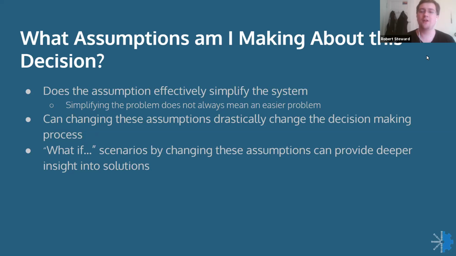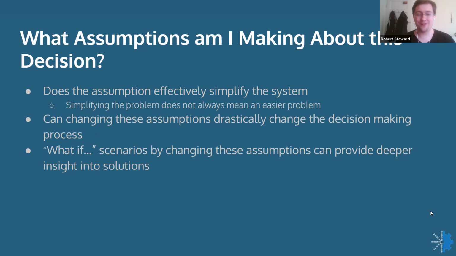The next one that we want to talk about is, what sort of assumptions are you making about this decision? Assumptions are great at being able to simplify problems, especially really complex problems. But you really need to make sure that the assumptions that you're using make sense.